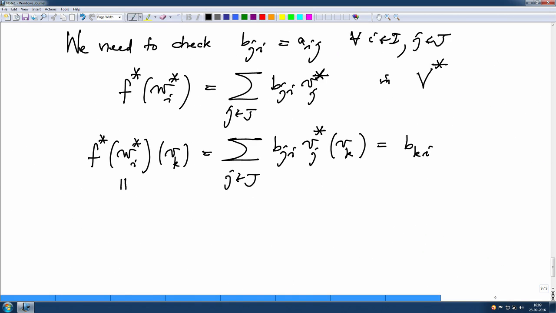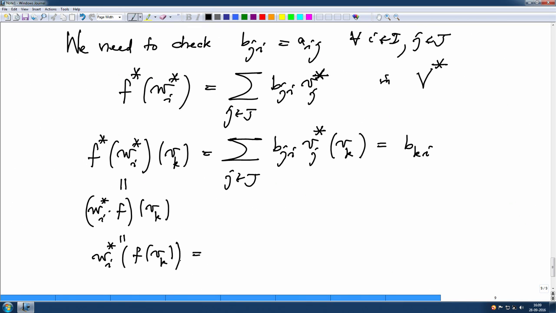On the other side, what is the definition of this? The definition of this is a composition: Wi star F evaluated at Vk, which is Wi star of F of Vk.